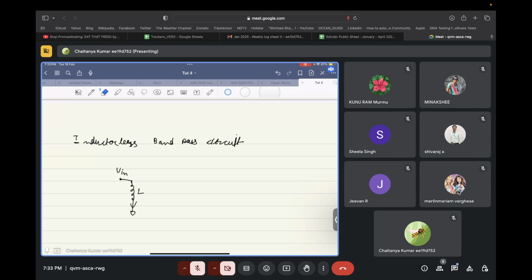So the current that will be flowing over here is V in by SL, right?